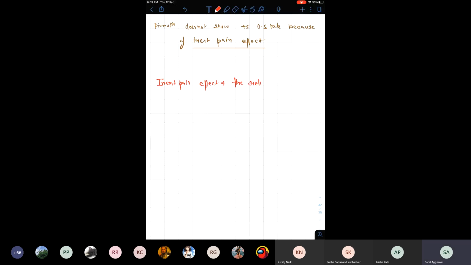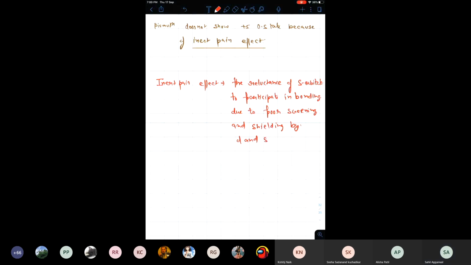It is the reluctance of s orbitals to participate in bonding due to poor screening and shielding by D and F subshell. Copy it fast.